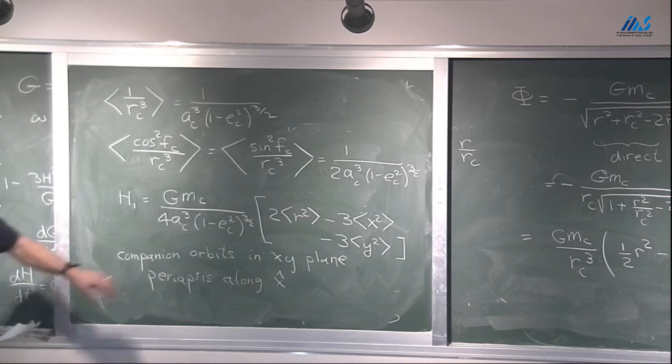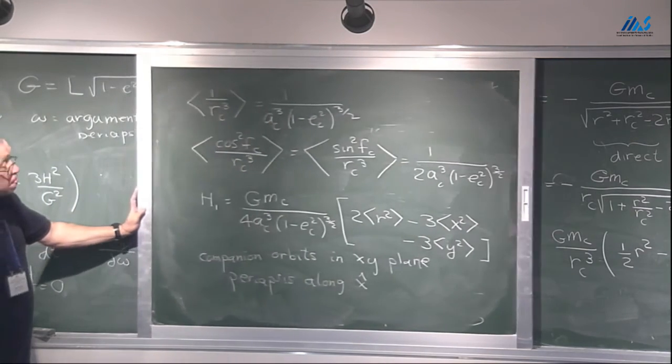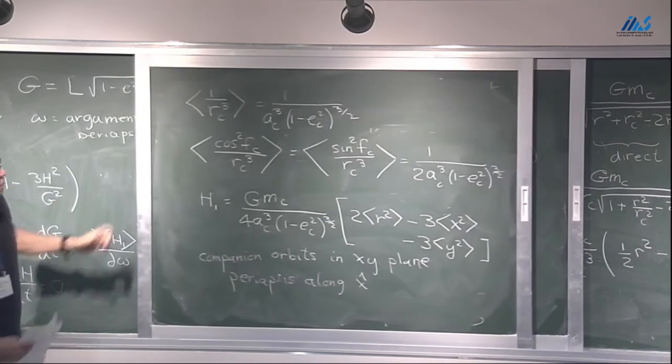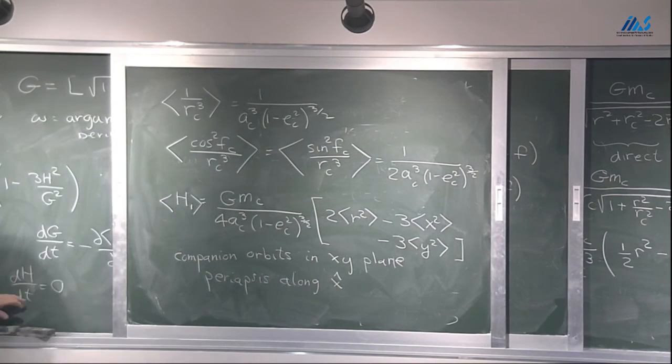And then all you need is to evaluate these 3 averages. And this is the secular Hamiltonian again.